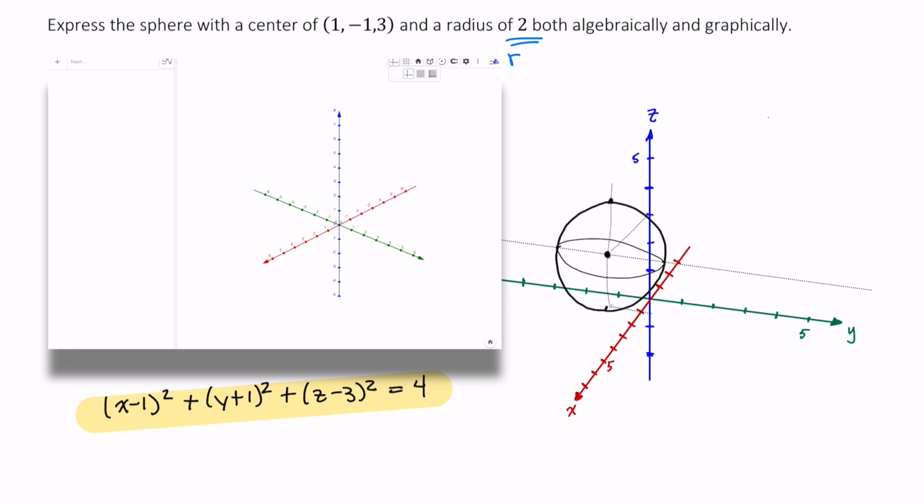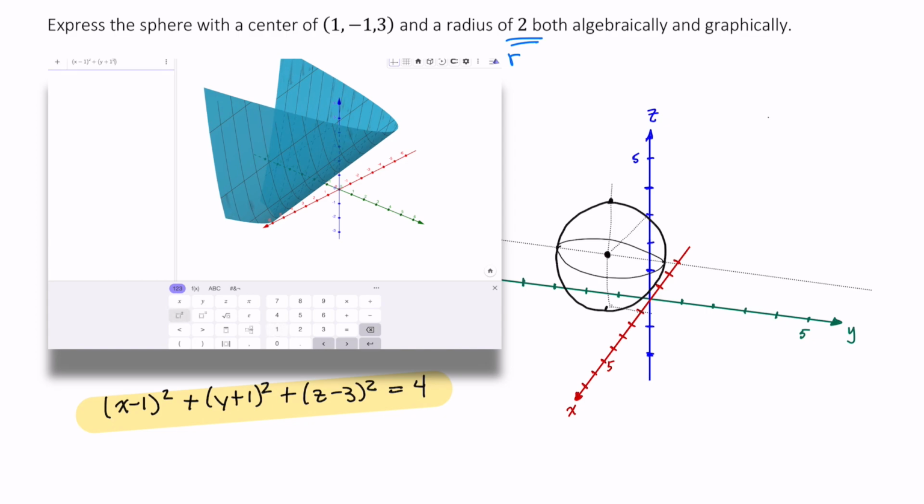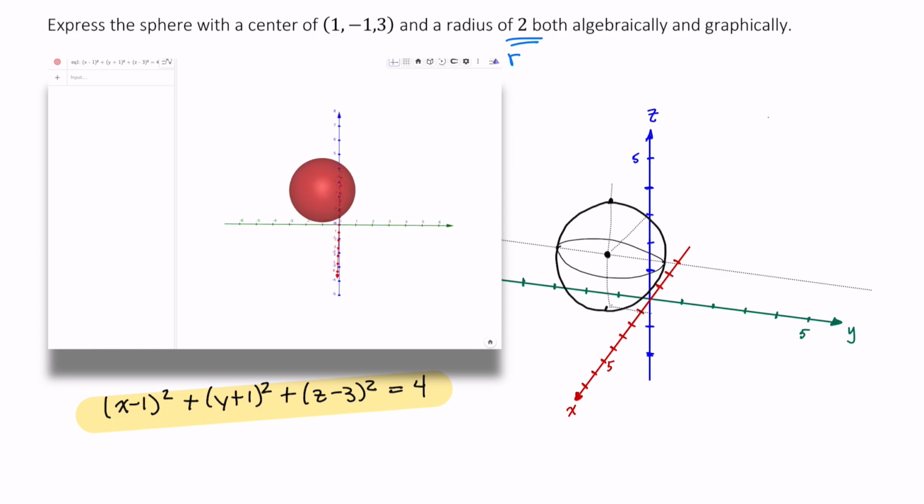I'm also going to get rid of the plane and type in our equation: (x - 1)² + (y + 1)², I need to hit the right arrow to get out of that and then square it, plus (z - 3)² = 4. And there we are, our sphere that we wanted.